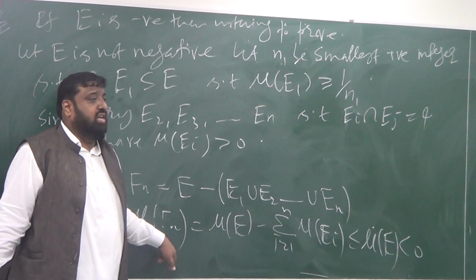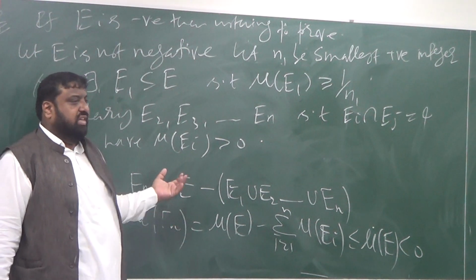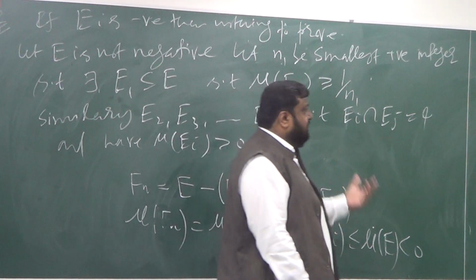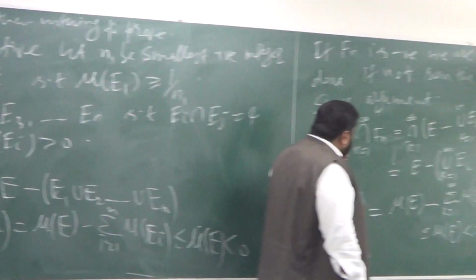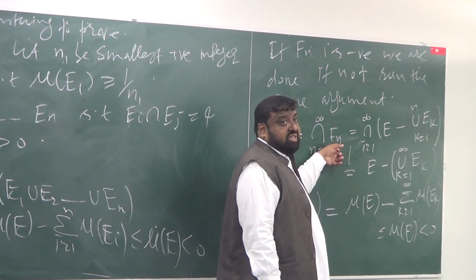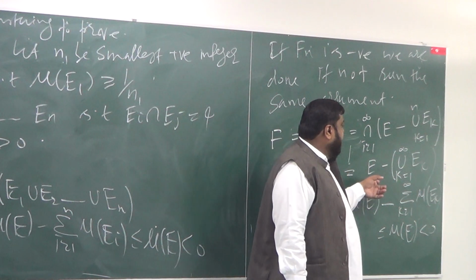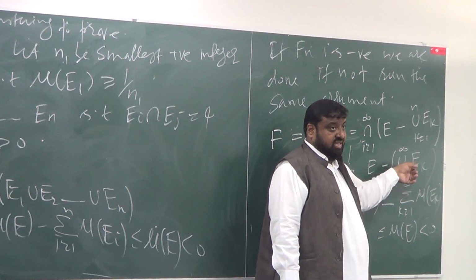The answer is I don't know. If Fn is really a negative set, we are done. If not, just keep on doing it, and take F as the intersection of all these Fn sets, which you can write as E minus the union of all these Ek's.